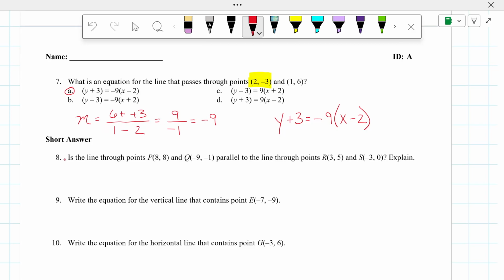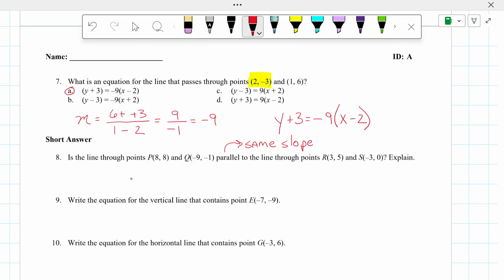All right, number 8. Is the line through these points P and Q parallel to the line through points R and S? Remember, parallel lines have the same slope, so all we've got to do here is find the slope of each of these lines and compare them.